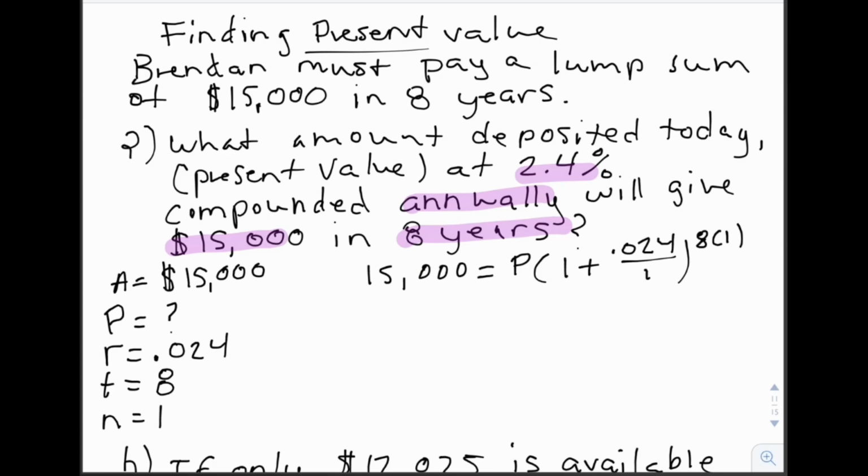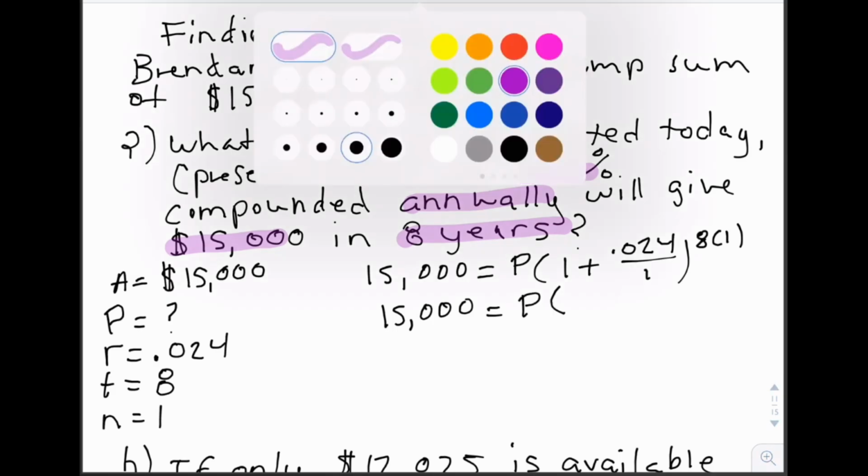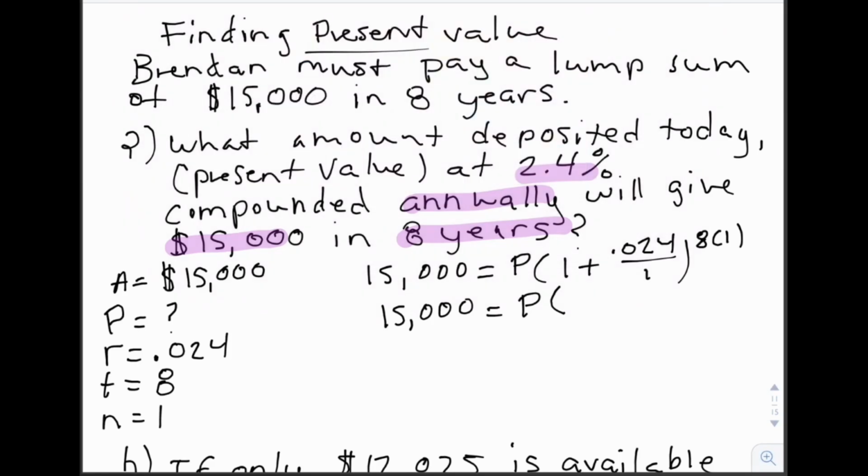If we do some computations to simplify, we still have the 15,000, equal to P times, and this middle portion is going to simplify to 1.024 raised to the 8.